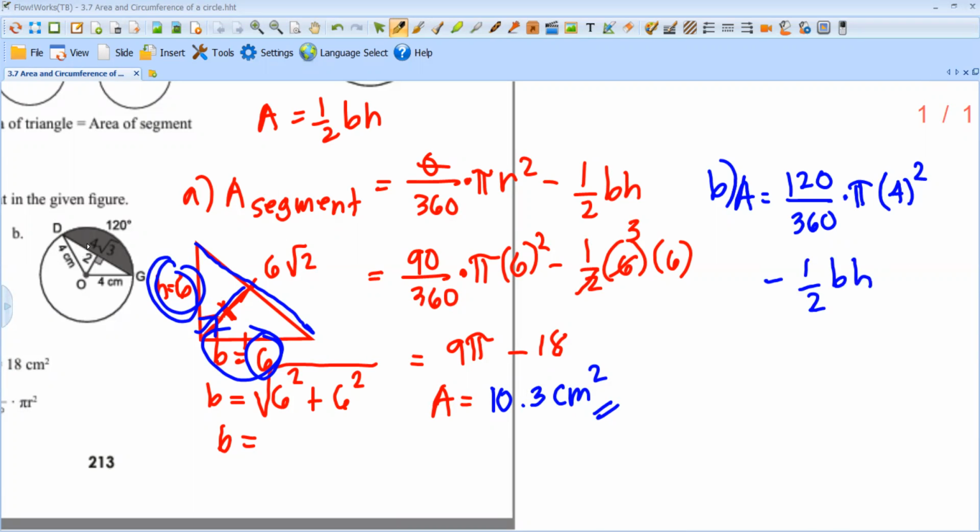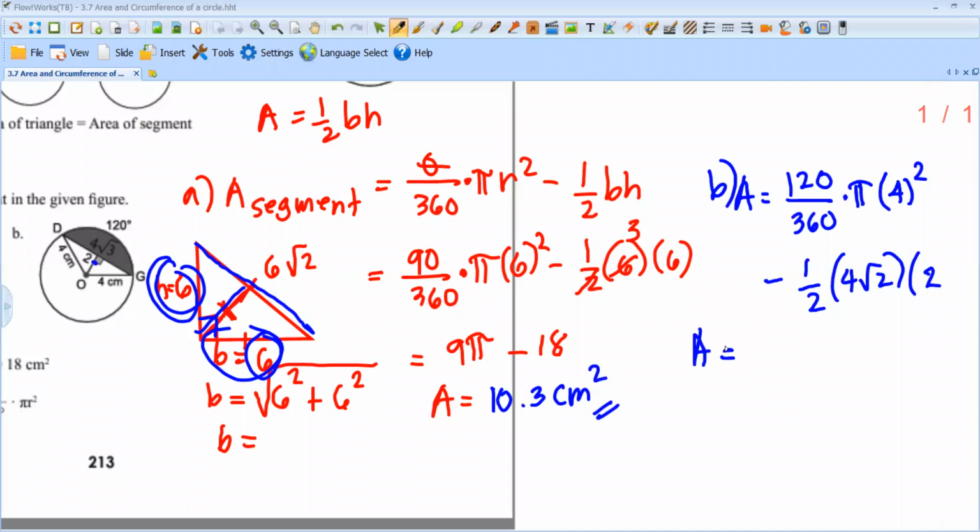The base of the triangle is given, which is 4 square root of 2. It's given actually. Multiply by the height, which is 2. It's written here.